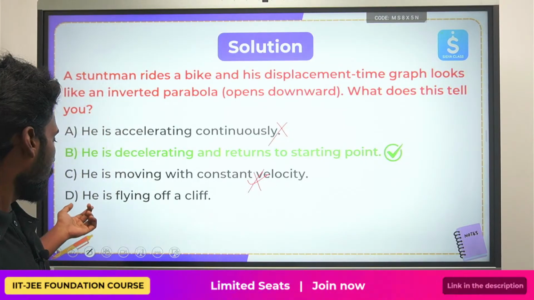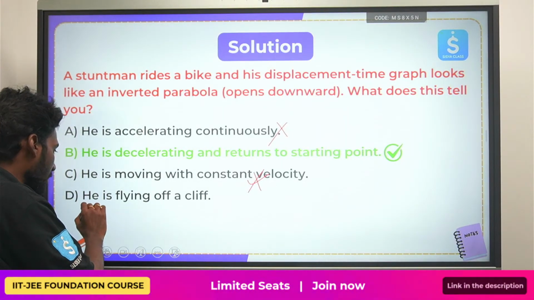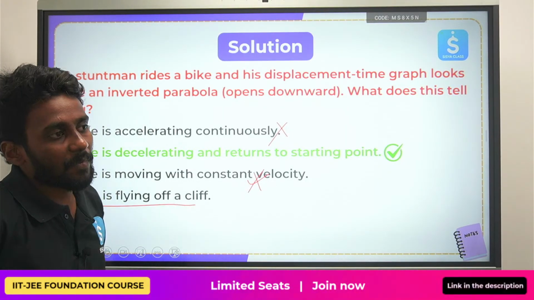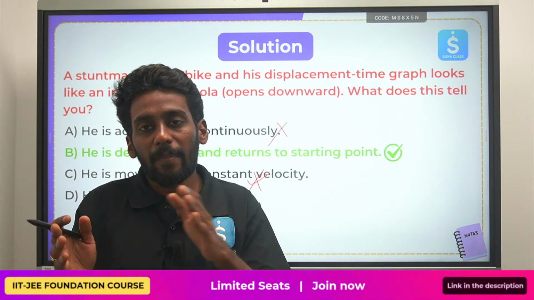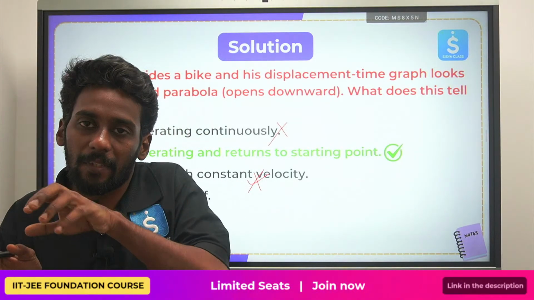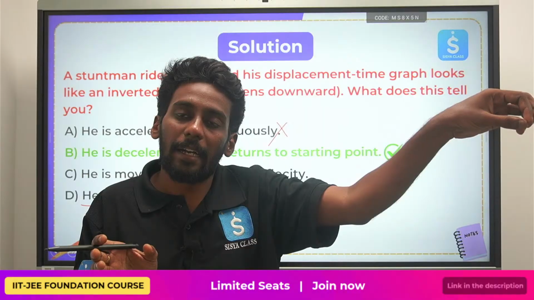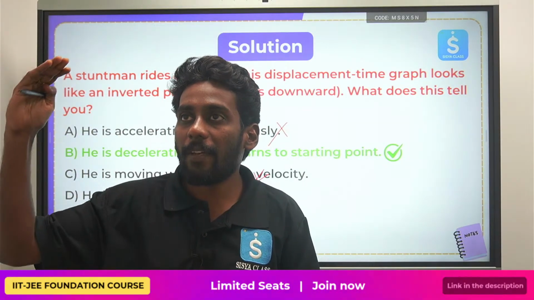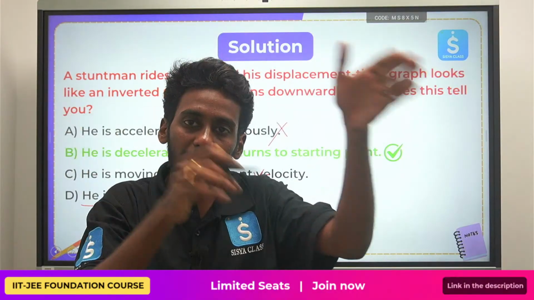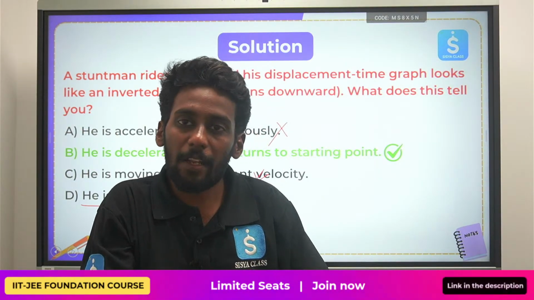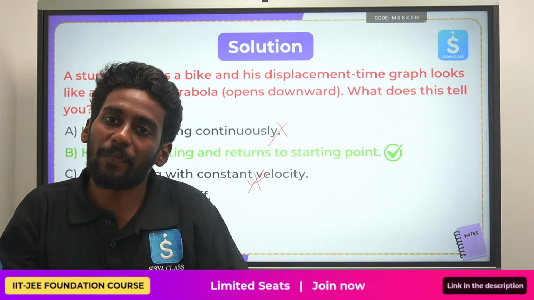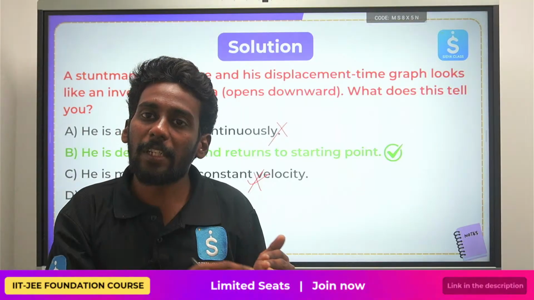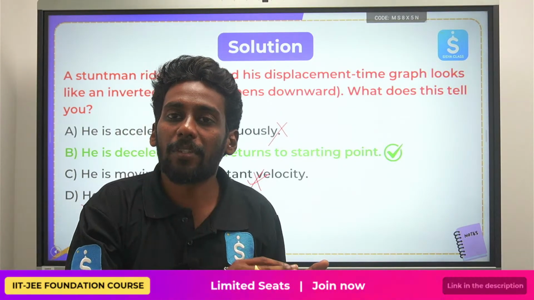Now what about the last one? He is flying off a cliff. See, think that for example, if the stuntman is flying off a cliff, right? A cliff would be somewhat higher than the sea level, right? And if he jumps from a cliff, he would be getting down to some valley or something. The position would be changing now. The initial position and final position are not the same.